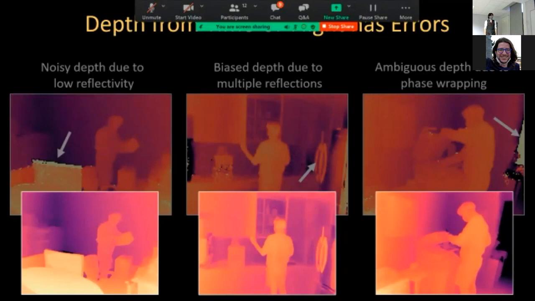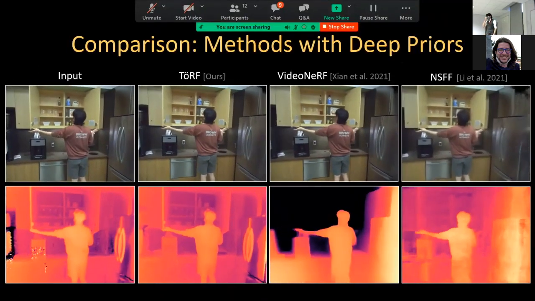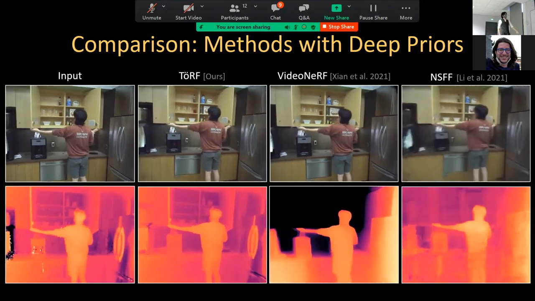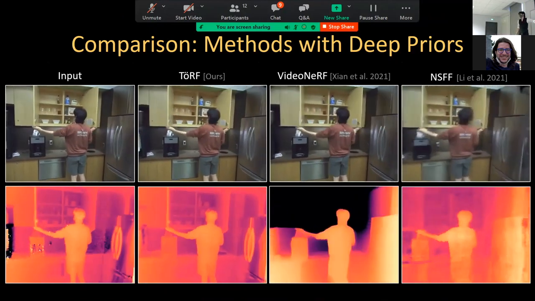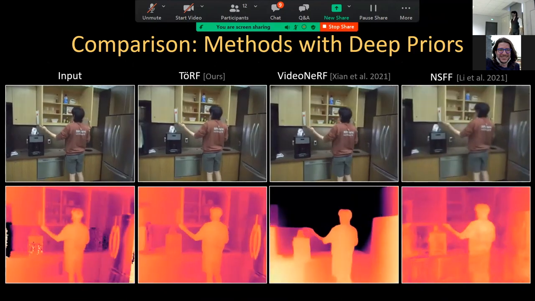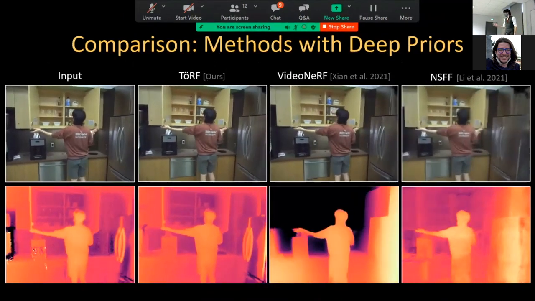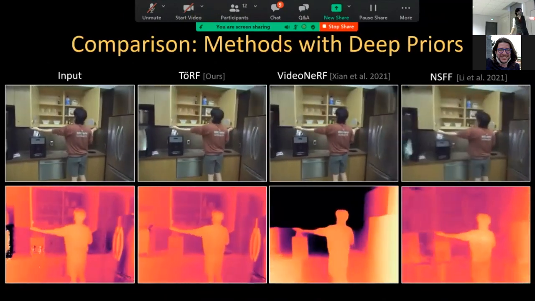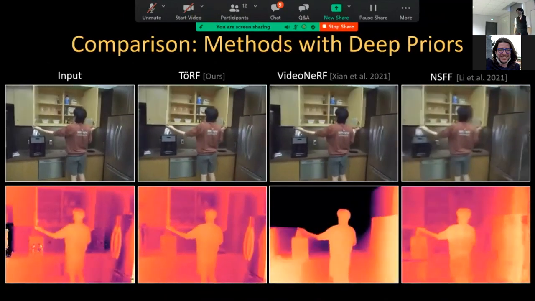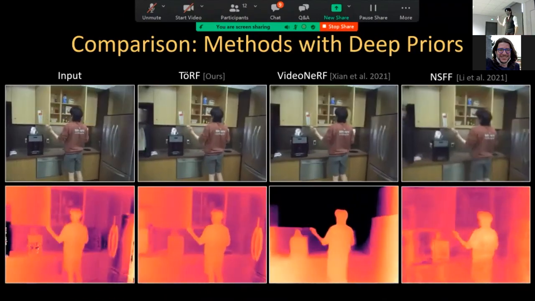I'm going to show you a slide. You can see the comparison between the kind of quality you can get from a time of flight plus RGB system and this optimization, versus other attempts to use more classic depth reconstruction methods. So Video NeRF is a classic stereo-based depth reconstruction method with some heavy regularization, and the detail is just completely different.